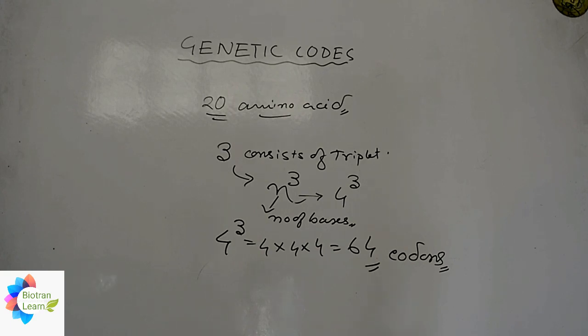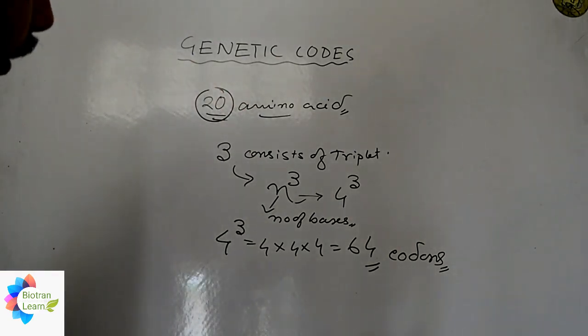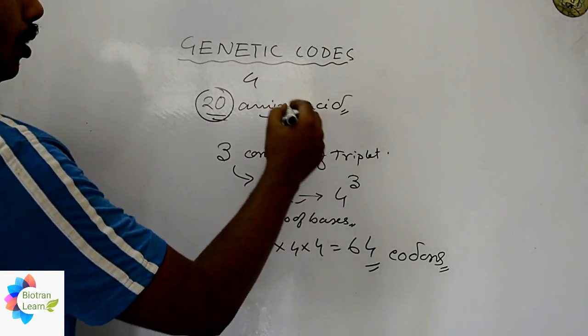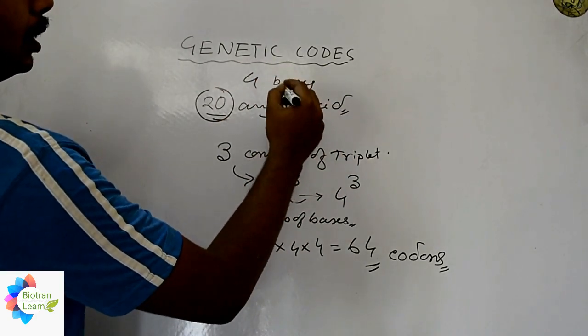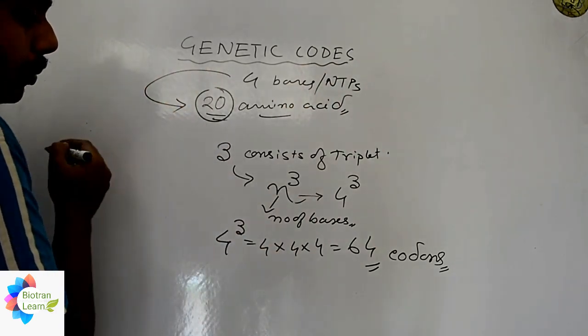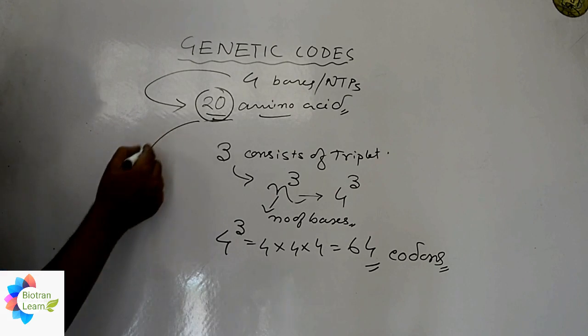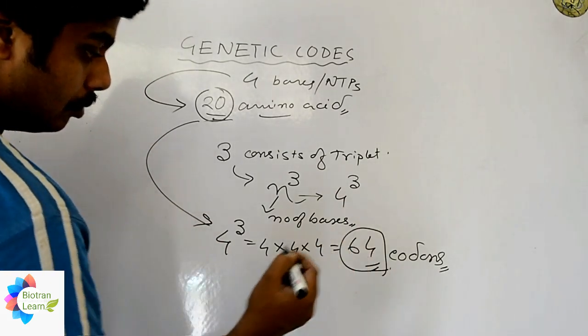According to the bases and their combinations, there should be 20 amino acids, and the physicist George Gamow was the first person to say that there are four alternative bases, or 4 NTPs, which will lead to the production of these 20 amino acids, and these will give us these 64 codons.